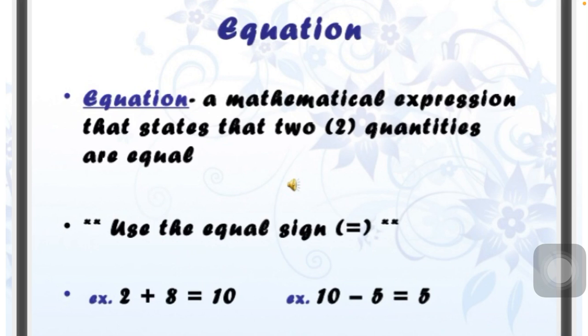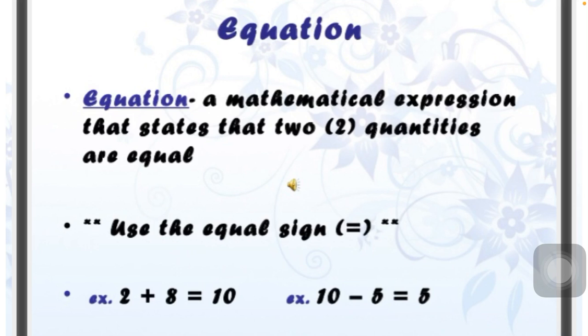What is an equation? A mathematical expression that states that two quantities are equal. That means the things we have, 2, 3, 4, whatever, will be equal. Okay, that is what an equation means. The equal sign in the equation states that the things are equal. You can see an example here, 2 plus 8 equals 10.